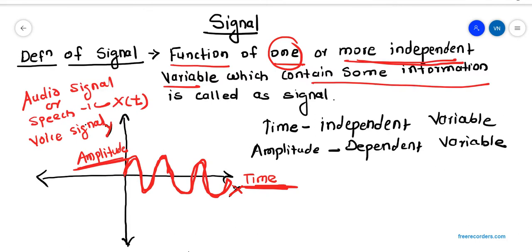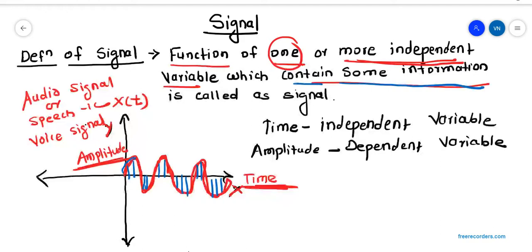In this signal we are comparing what the amplitude is for each and every time period. That means we are getting some information, so you can define that it contains some information.